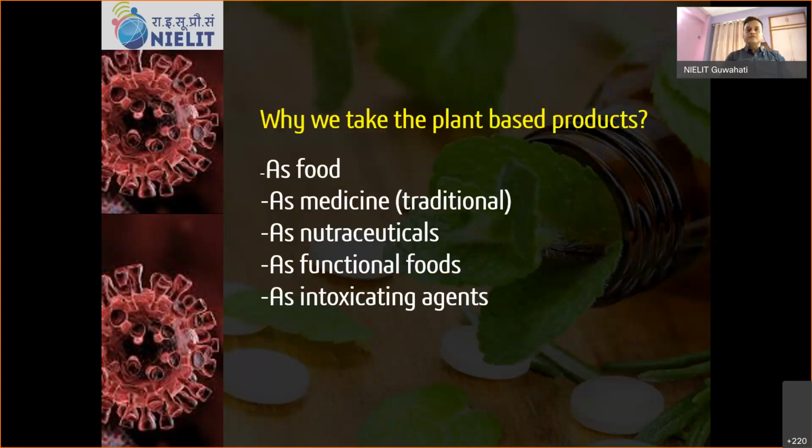We use plants as food, as medicine, as nutraceuticals, as functional foods, as intoxicating agents, right? There are a lot of plant-based products available, and right from the morning to the evening to the night, to the bedtime, we use different types of plant products.